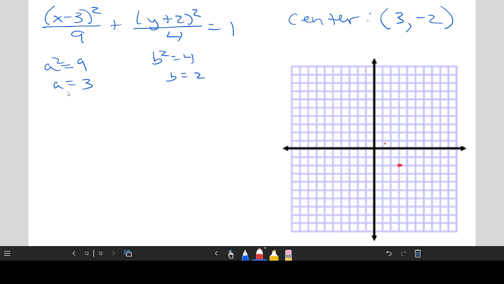3 units in the x direction from the center to plot our vertices. And 2 units in the y direction. So up 2 and down 2 from the center. C squared is a squared minus b squared.